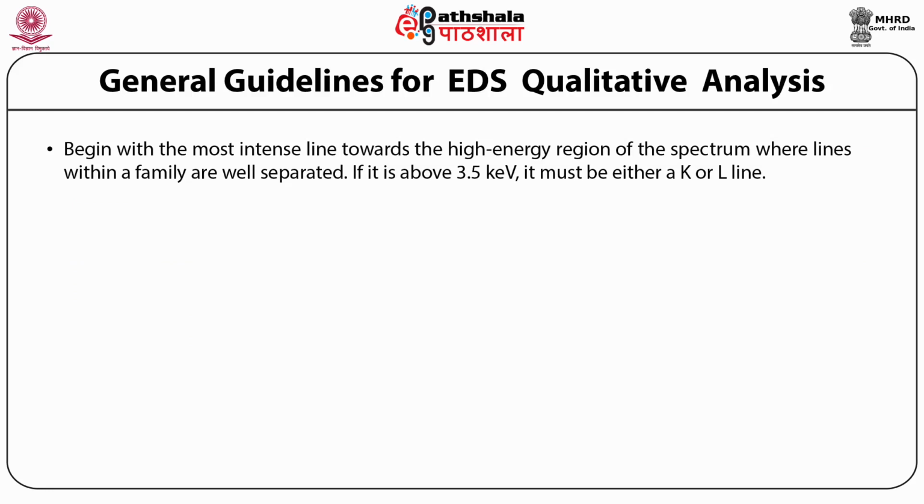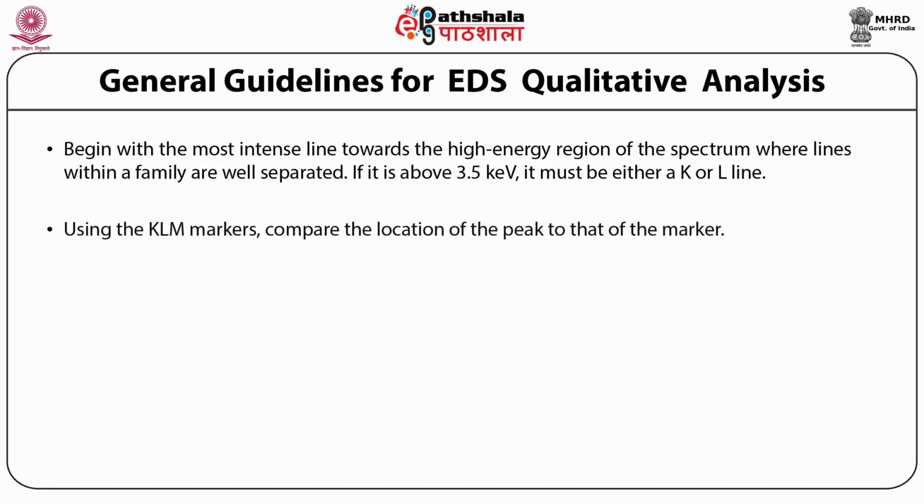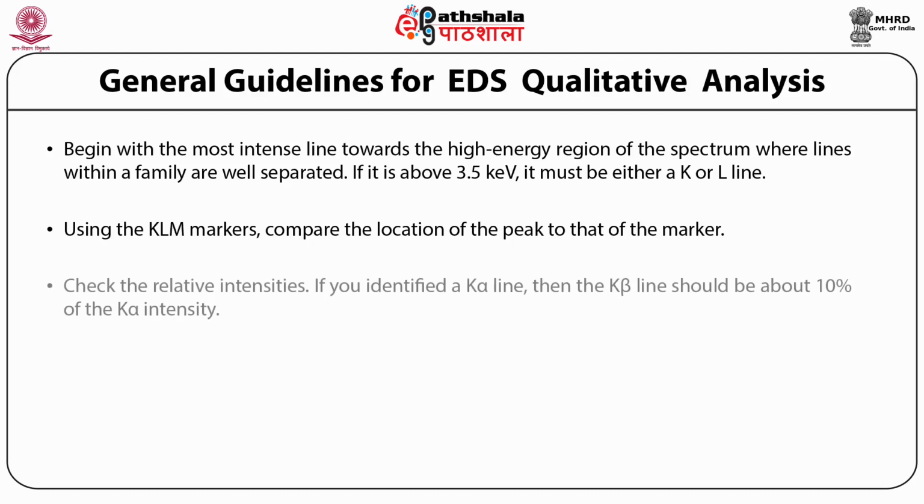Begin with the most intense line towards the high energy region of the spectrum, where lines within a family are well separated. If it is above 3.5 kilo electron volts, it must be either a K or L line. Using the KLM markers, compare the location of the peak to that of the marker, and check the relative intensities. If you identify a K alpha line, then the K beta line should be about 10% of the K alpha intensity.